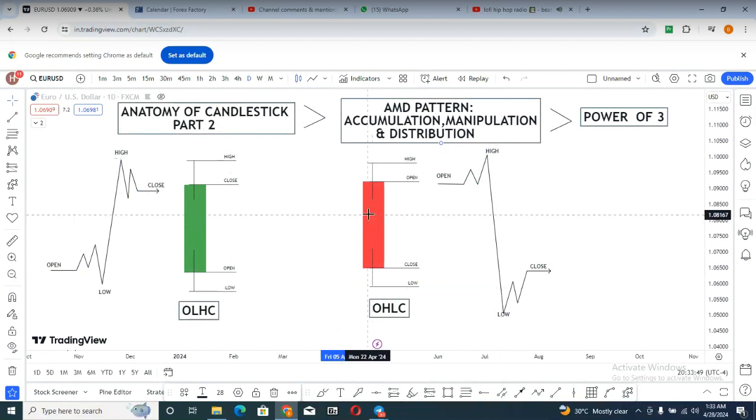If you understand the anatomy of candle, you understand the AMD pattern, and you understand the power of 3 pattern. I do tell people that the daily candle is an illusion. So trying to say this only happens on the daily is not a fact. It happens on every single time frame.